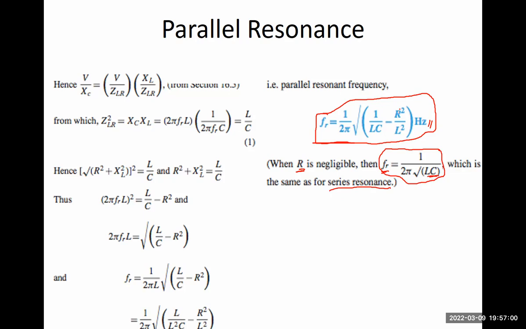Once this becomes 0, this value is no longer there in the parallel resonance, and what remains is 1 all over 2 pi times the square root of 1 all over LC. It is the same.